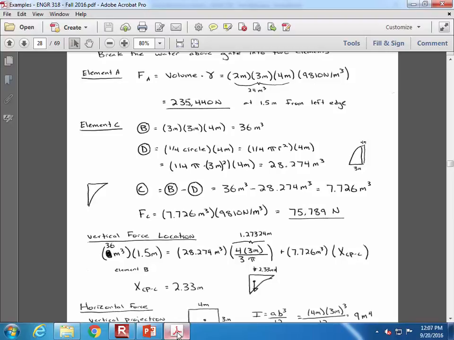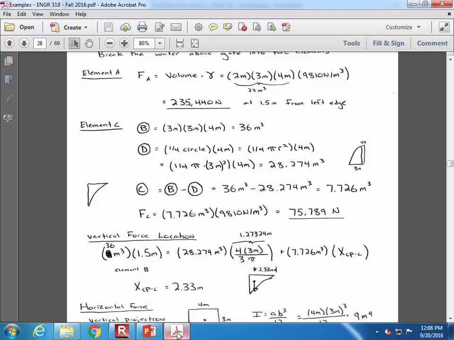So this vertical force location, what we're solving for is the one force location we don't know, because we know that B is the combination of element C and element D together. And so here is that small sliver shape, which is element C. We're calling this C. C is the leftover when you have B as the main overall rectangle and subtract out the quarter circle.